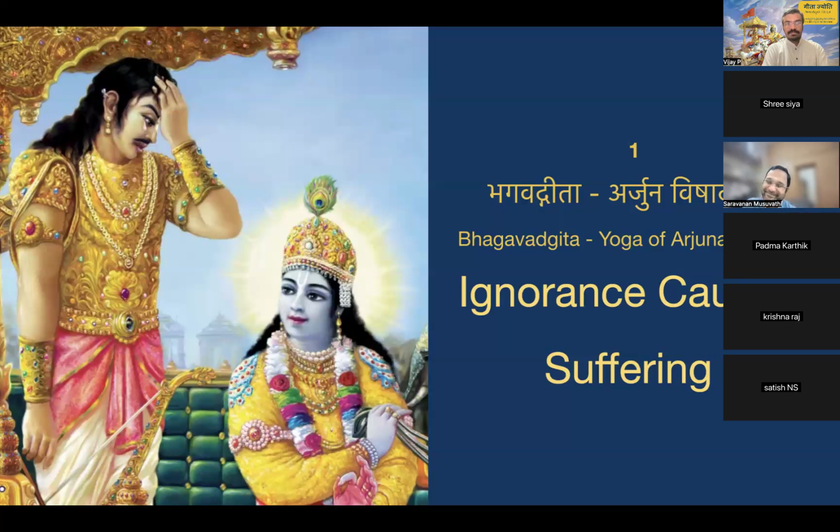Both of them are on different sides, but at the same time they're kind of uniting. The Pandavas are on the side of Dharma and they are on the other side.